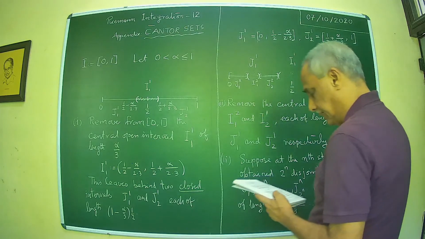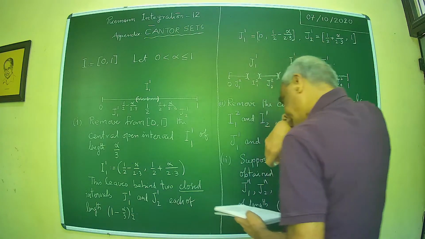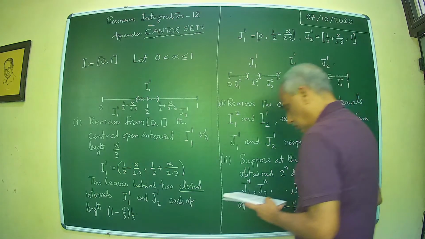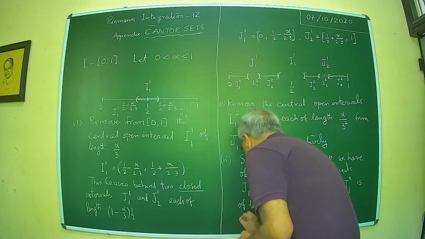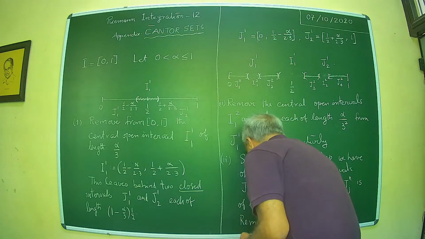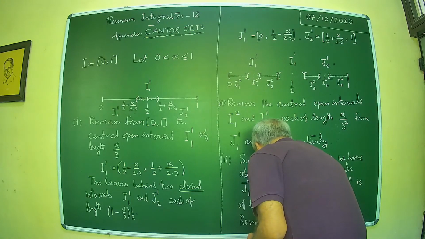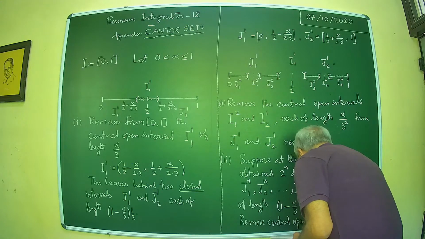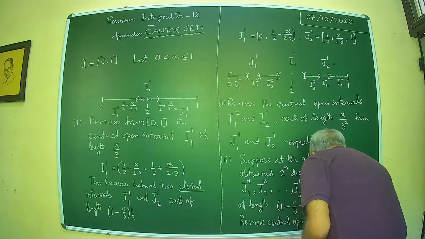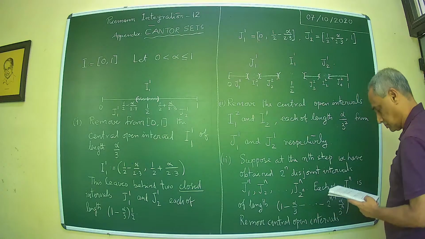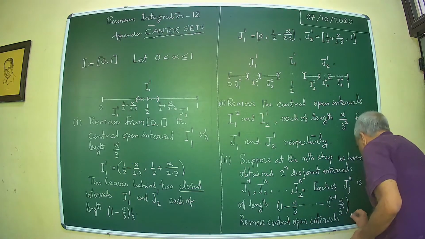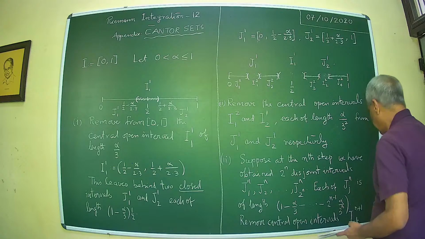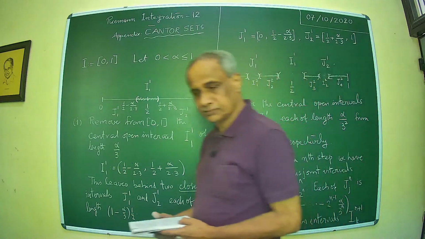So now the next level of activity is, having obtained this, what we do is remove central open intervals. This is the n plus first stage of activity.